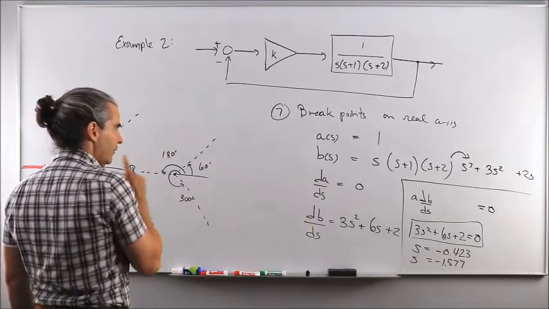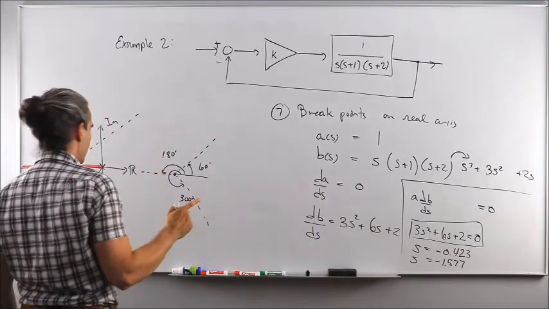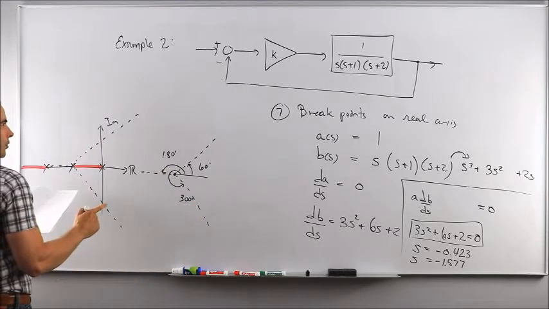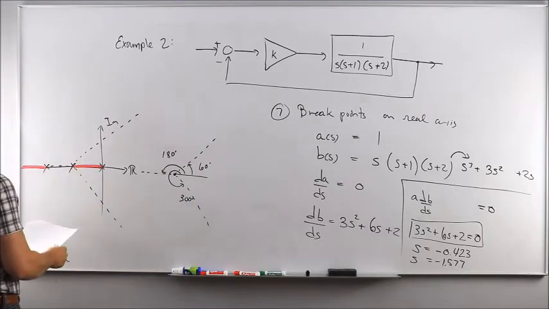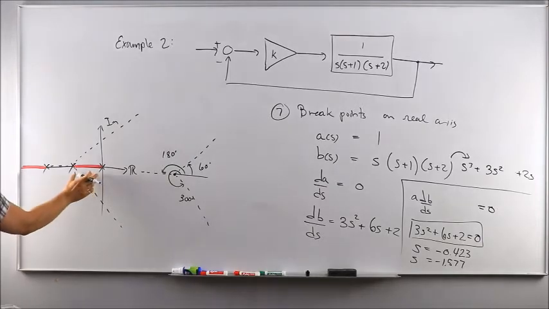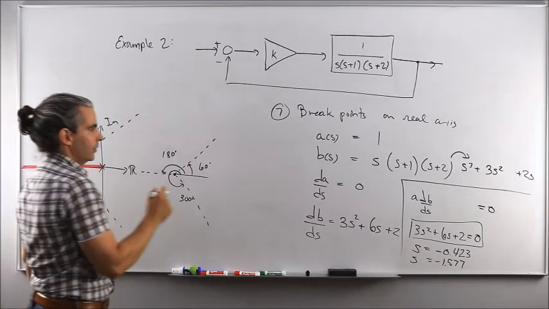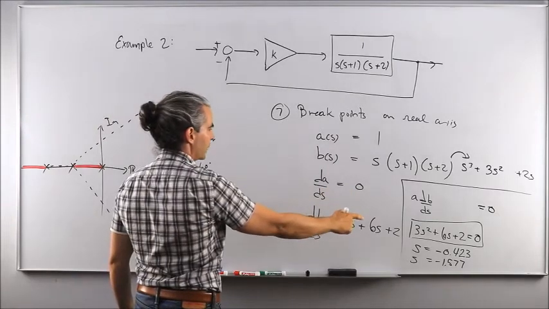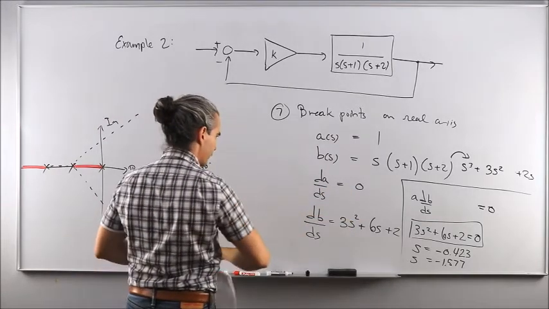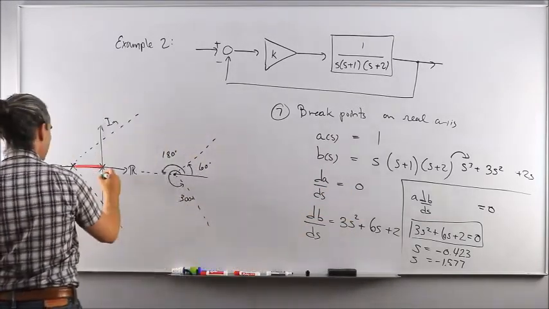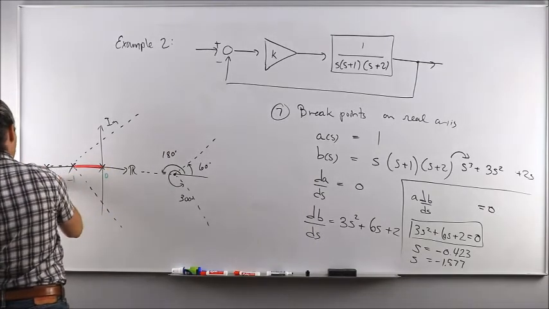But then you have to be smart here and go back to the results of step number 5, where you had found that the root locus was comprised between those two poles and between the last pole and minus infinity. Because here you're getting two breakpoints. One at minus 0.4, this is 0, minus 1, minus 2.